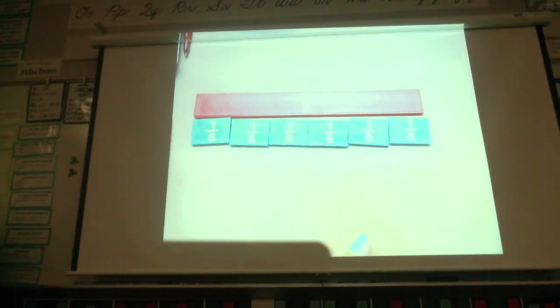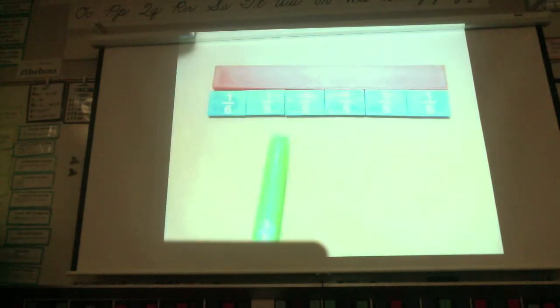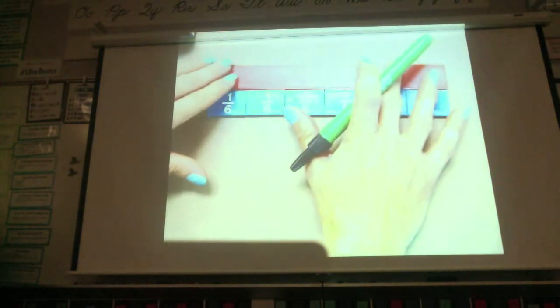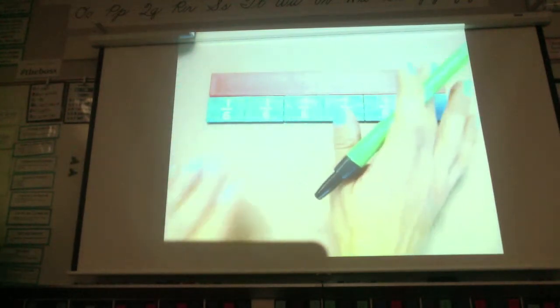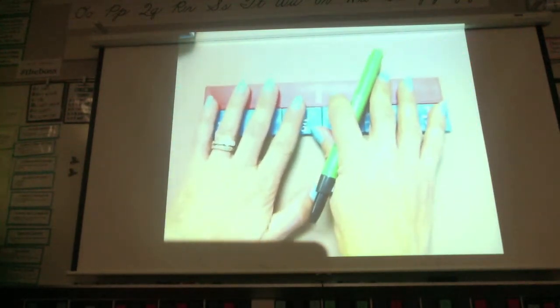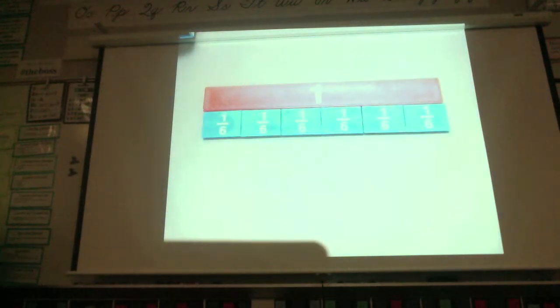Okay, I want you to go ahead and make your model on your desk like this. Okay, looking at the example here, we have one whole. Now look at your partners and think of your one whole with their one whole. Imagine yours with mine.